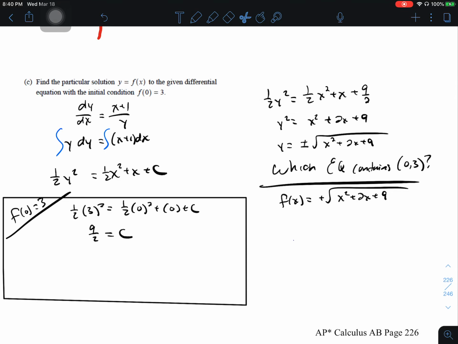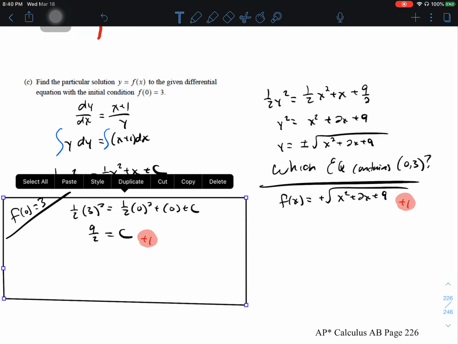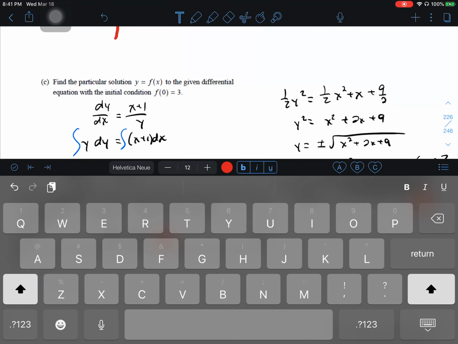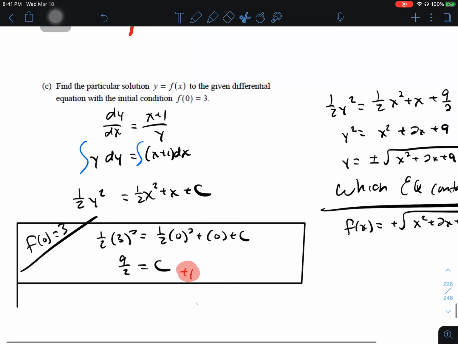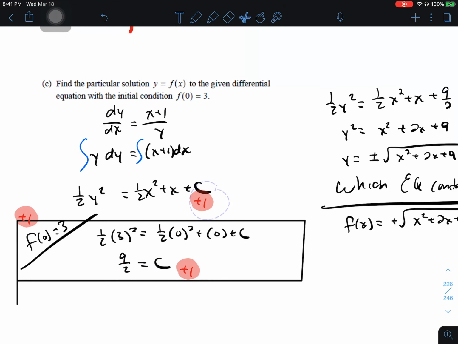As far as points go, you get 1 point for getting the particular solution correctly. You get 1 point for finding C correctly. You get 1 point for evaluating at 0, 3. You get 1 point for integrating both sides correctly, not each side correctly.